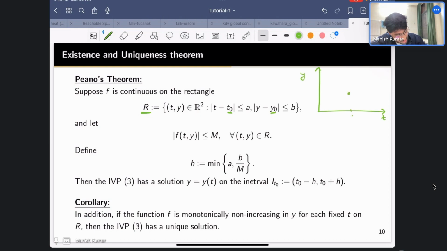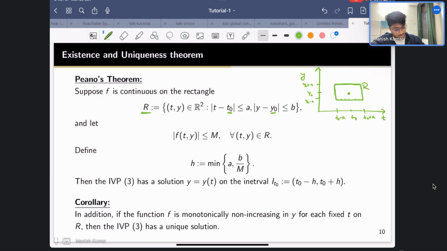This is t naught minus a, this is t naught plus a, and this is y naught, with y naught plus b and y naught minus b on the y axis. So you have to consider this domain. This is the rectangle R where we will be talking about the properties of f.